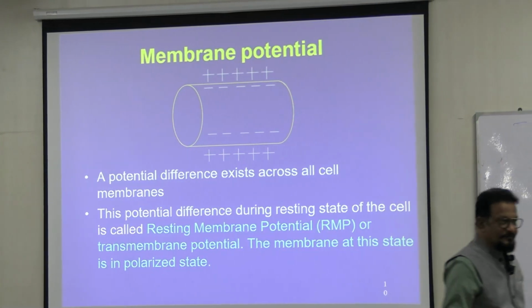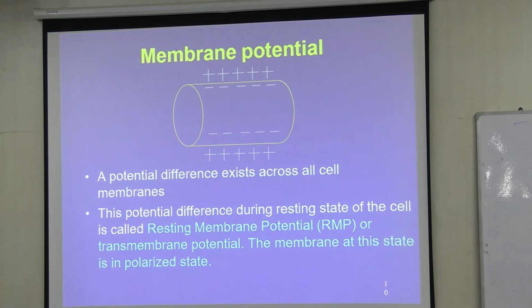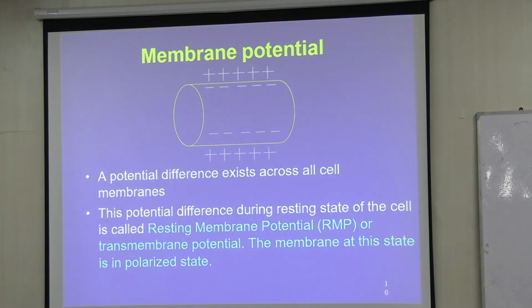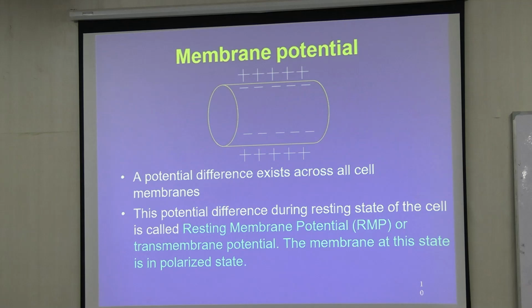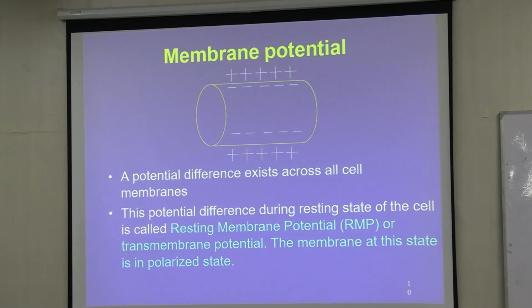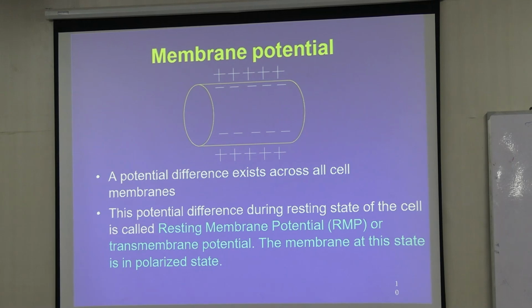As we have seen in the composition of body fluids, outside of the cell there is more sodium ion concentration, and they are positively charged. That's why outside is positively charged, whereas inside is negatively charged.